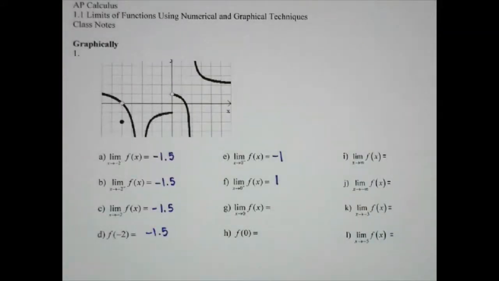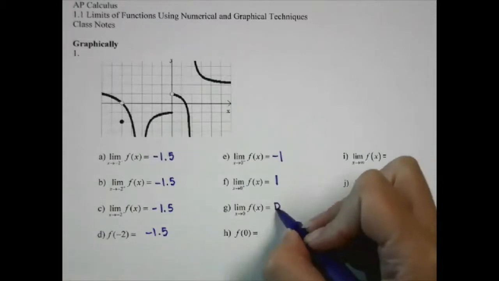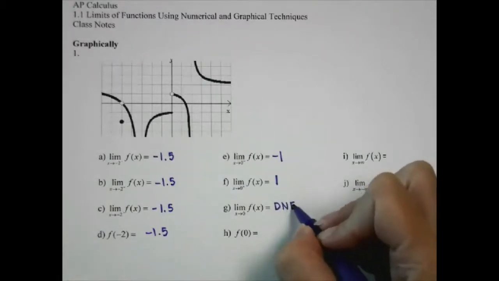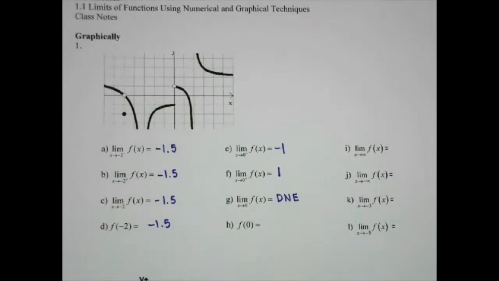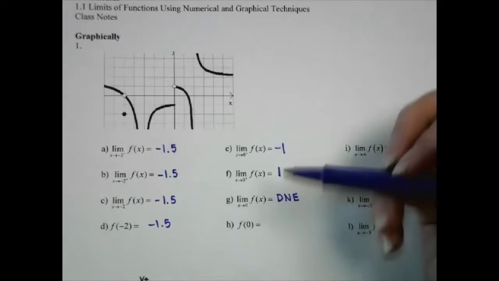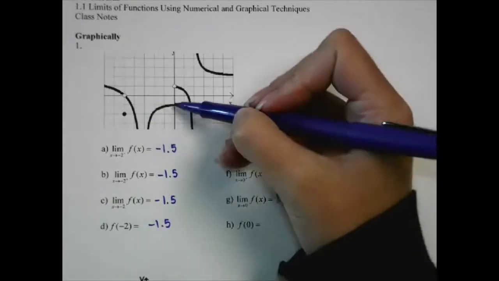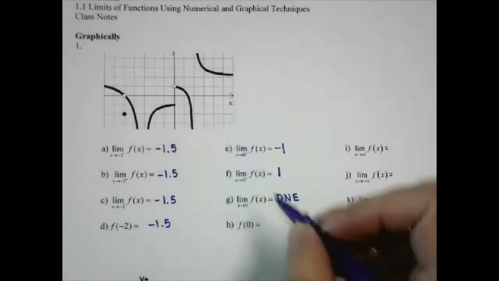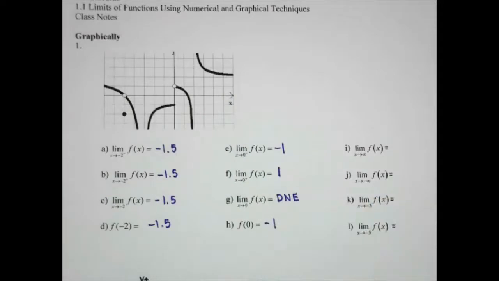And if the left-hand limit and the right-hand limit are not the same, then the limit does not exist. You might see that as undefined. I'm just going to stick with does not exist because it's fun to say. F of 0, though, does exist. It's evaluated here. There's an open dot, so that would be -1. So you can have a function value without a limit.